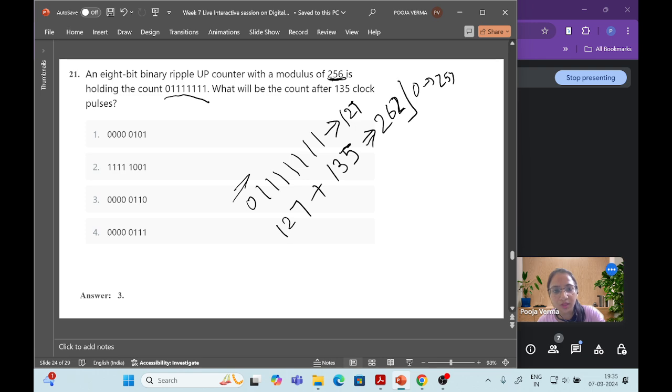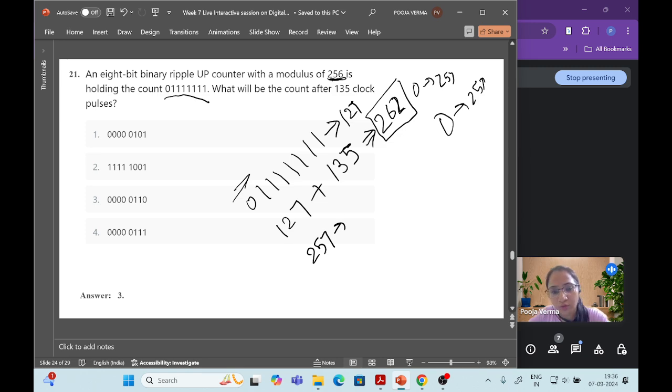So the value will be 262, right? But here we are able to count only 0 to 257. So the number of clock pulses required to count 262 is 262. After 257, it will again start counting from 0 up to 257.